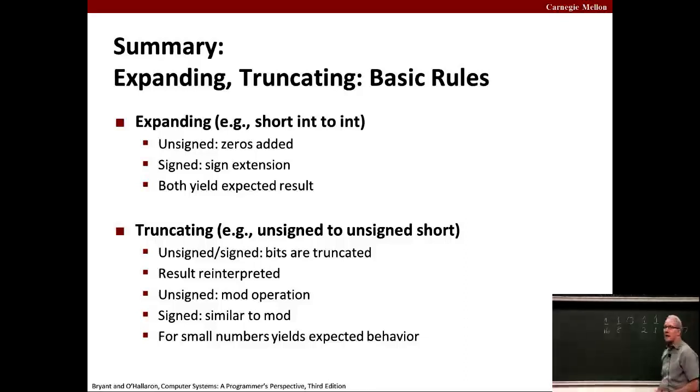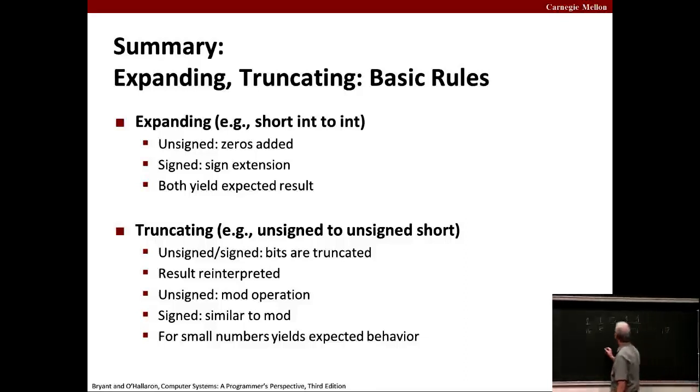What if I decided, oh, I can't afford 5 bits? I'm only going to give you 4. Well, you basically just drop the most significant bit. And you get 8 plus 2 plus 1, which is 11.